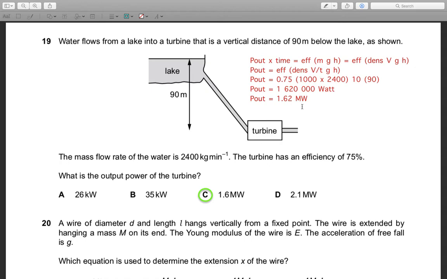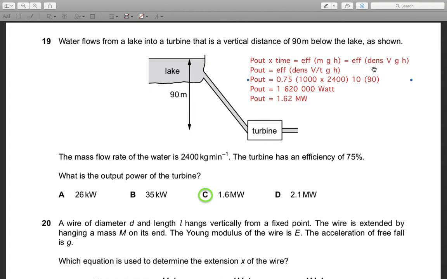What is the output power of the turbine? Efficiency is the output power divided by mgh.